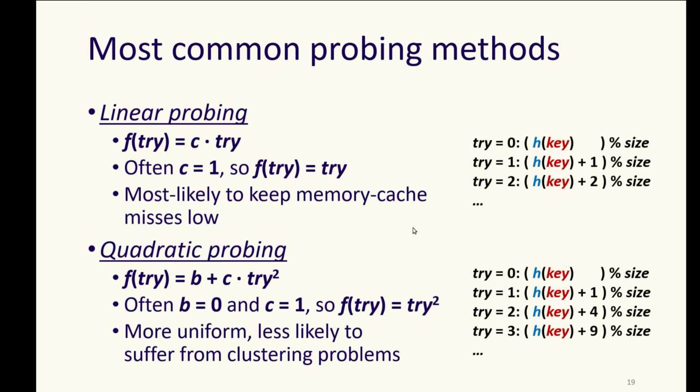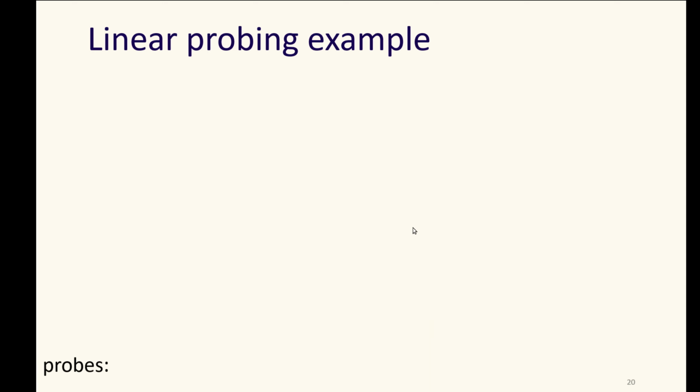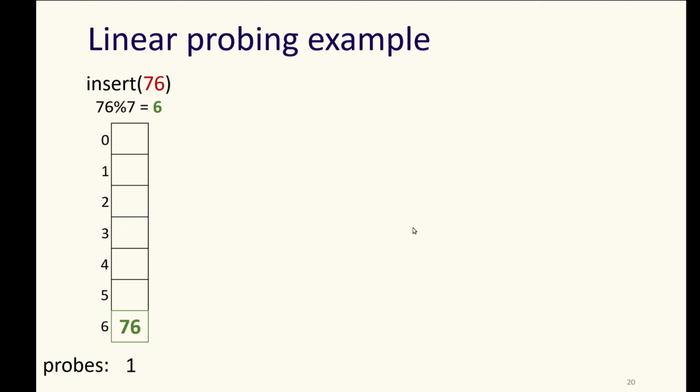So here's an example of linear probing. If we're working to insert some things and the numbers are already the hash value, we just have to do mod by the size of our array. The size of our array is 7 here. So to insert 76, we mod, we find that its index should be 6. That's fine because it's empty, and we don't have to do any extra looking for it.